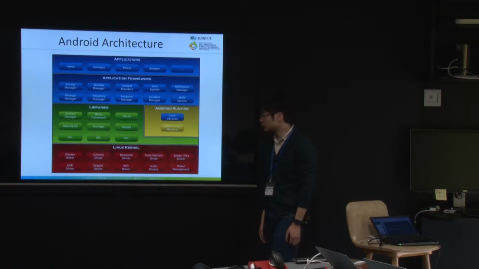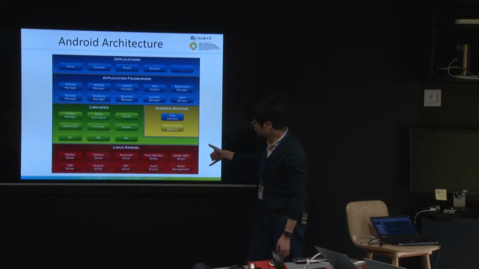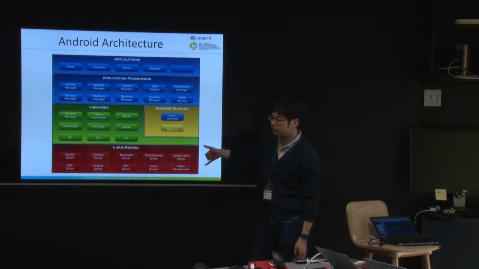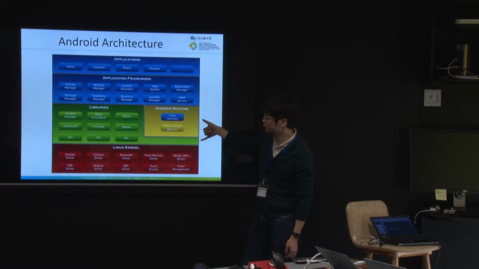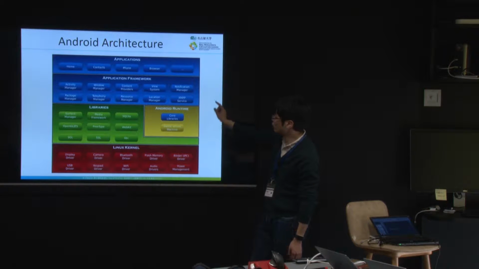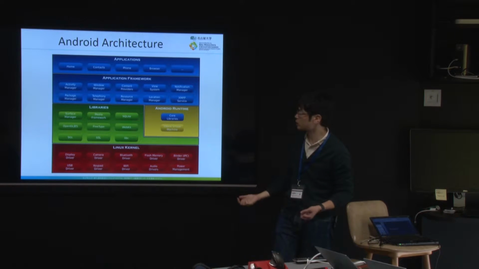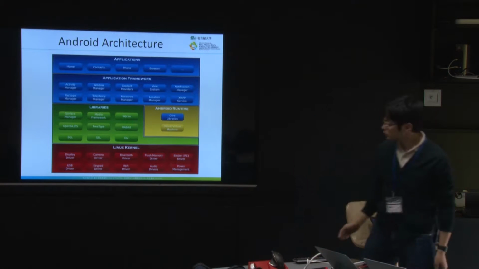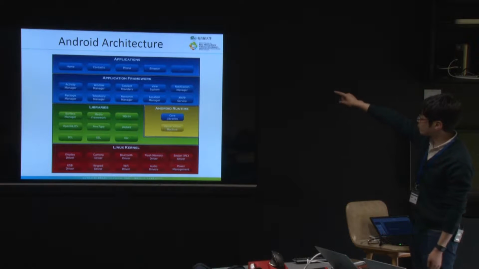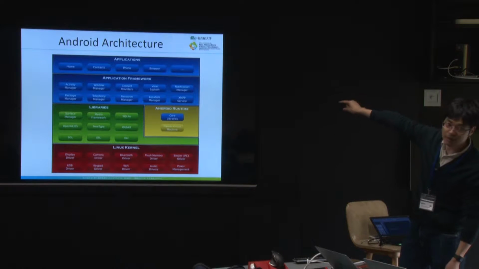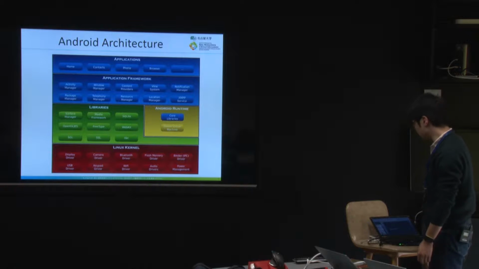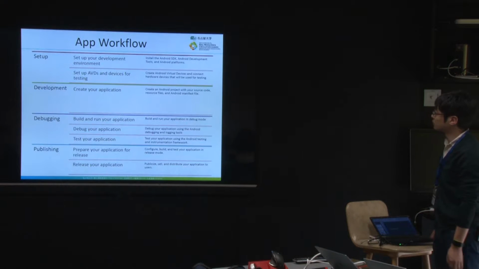On top of the kernel, there are libraries and runtimes, and application frameworks. And the top level is the application you run, maybe Facebook or Twitter. Today we will touch the top level, not the bottom levels.